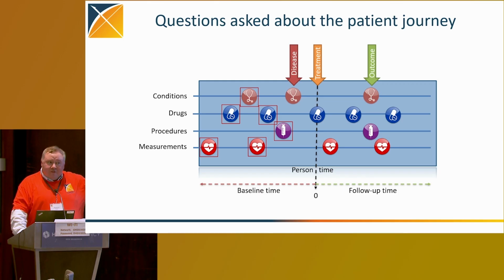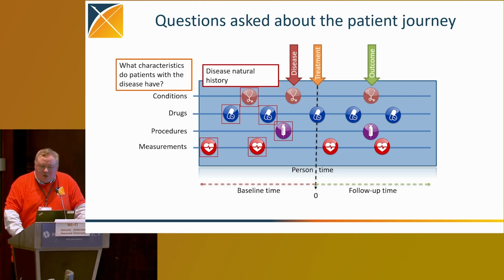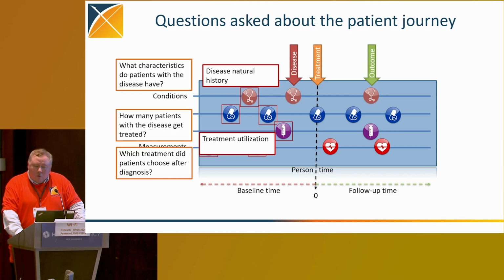Okay, so we've got our patient profile here. What are the types of questions we could ask? When I say disease natural history, you could think, for example, what are the characteristics of a patient with a disease? What characteristics do they actually have? Or when I say treatment utilization, it may be things like how many patients with the disease actually get treated, or which treatments does a patient choose after they're diagnosed?